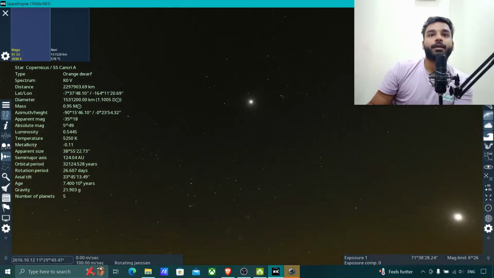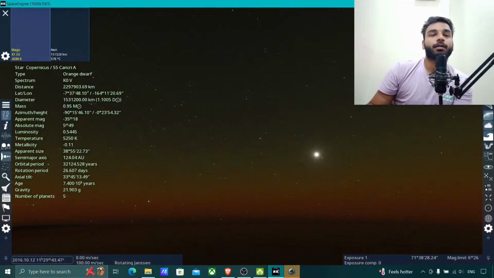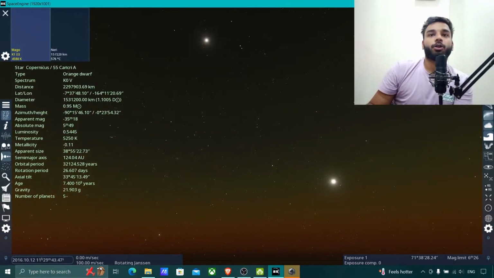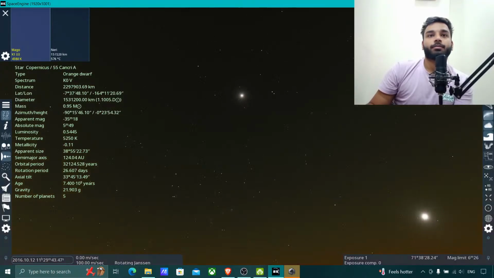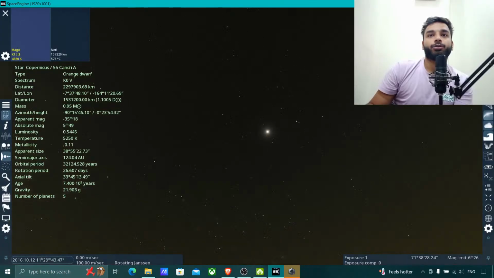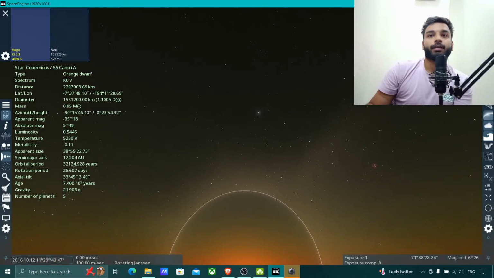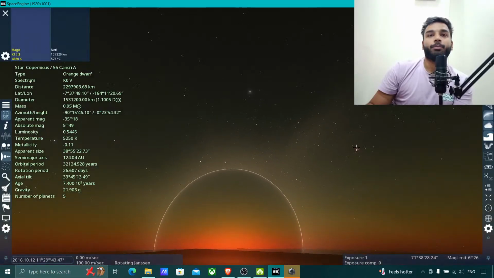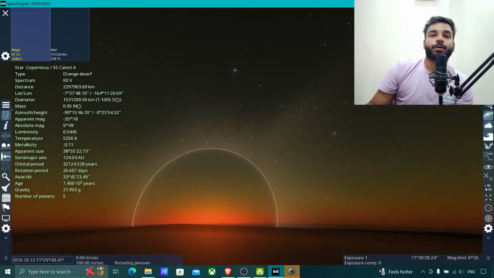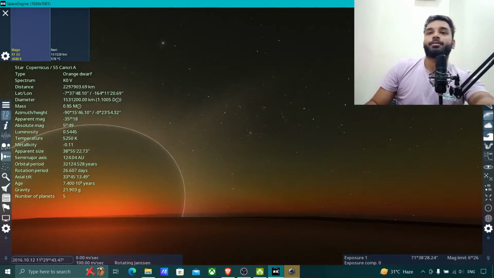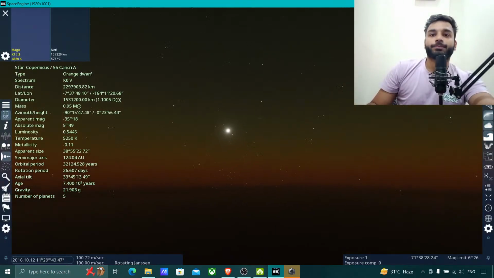I think the planet distance in this particular system is very close, so that's why you can see the planets at a very close range. You can see 1, 2, probably it is also a planet of this system, 3, and that is the nebula. So yeah, it's just so amazing to look at this.